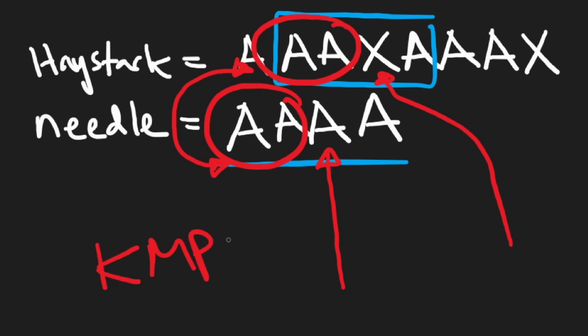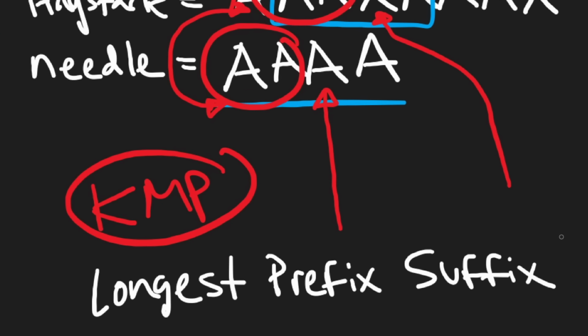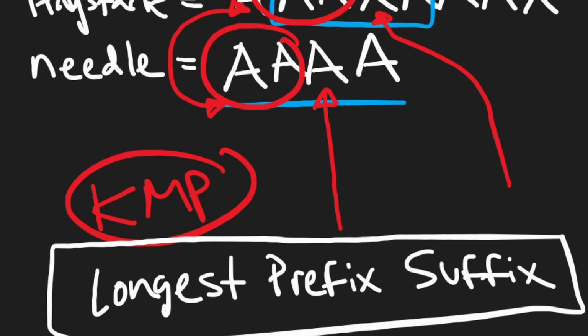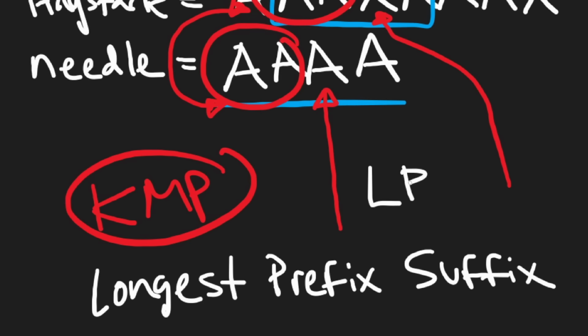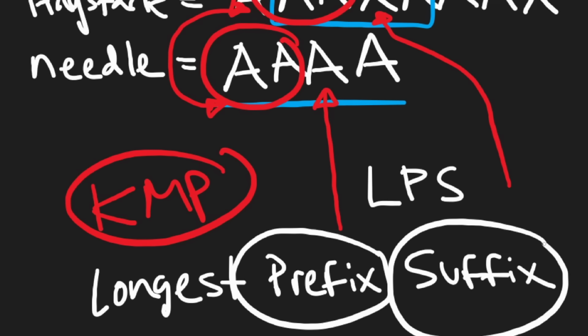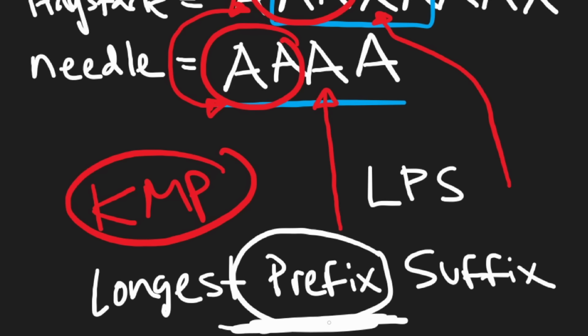The first portion of this KMP algorithm is actually called the longest prefix suffix portion. Let's just call it LPS for now, but it has to do with prefixes and suffixes. Basically, for certain substrings, we're going to take a look at the longest prefix of that string that is also a suffix of that substring, and you'll see why that's going to be really helpful.